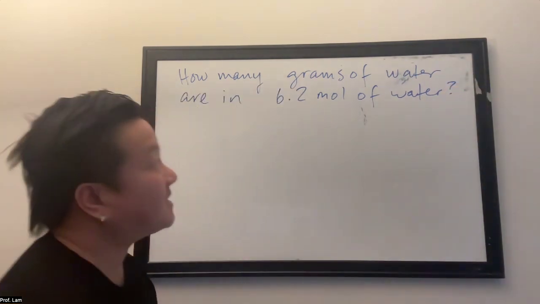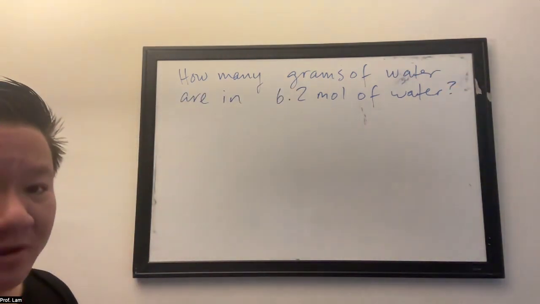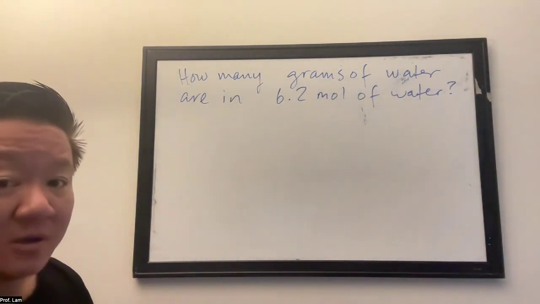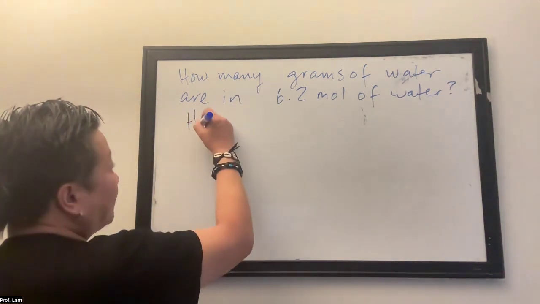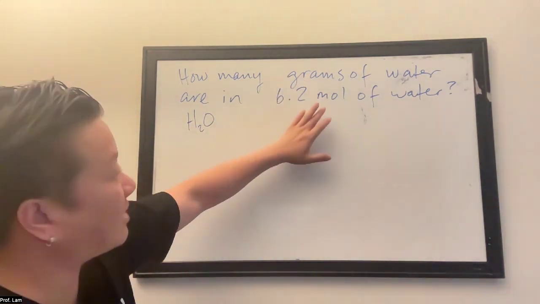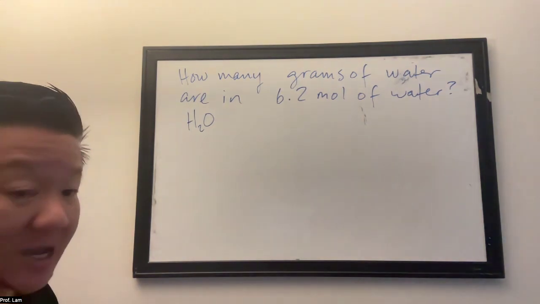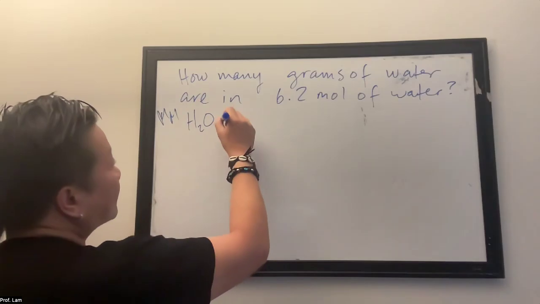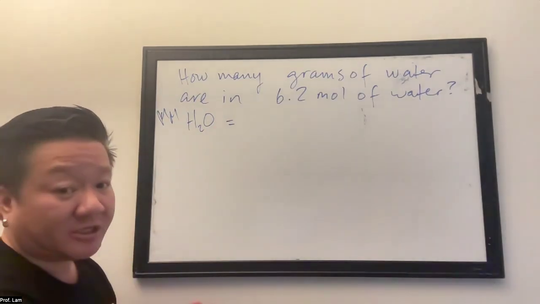What if you're asked this question? How many grams of water are there in 6.2 moles of water? Well, we know that water is H2O. Anytime you see a question asking between grams and moles, you need to know the molar mass. To figure out the molar mass of water, you add up each individual atom.